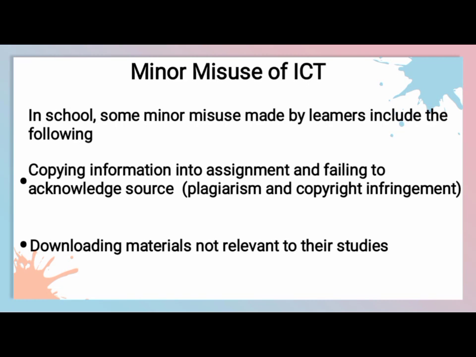Minor misuse of ICT. In schools, some minor misuse made by learners include the following. Number 1, copying information into assignment and failing to acknowledge the source, or plagiarism and copyright infringement. Number 2, downloading materials not relevant to their studies.